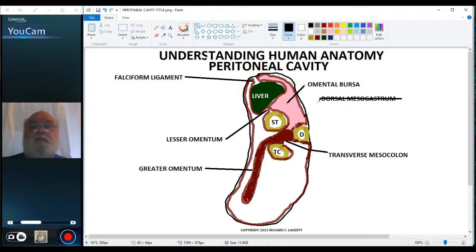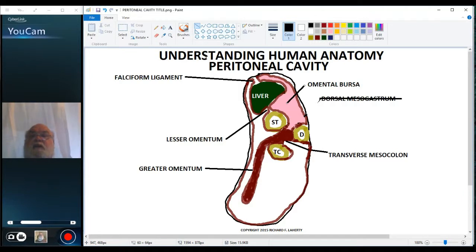So you can see how the greater omentum develops, and in the end it's an apron-like structure that runs from the stomach over the transverse colon and then down anterior to our intestinal tract.